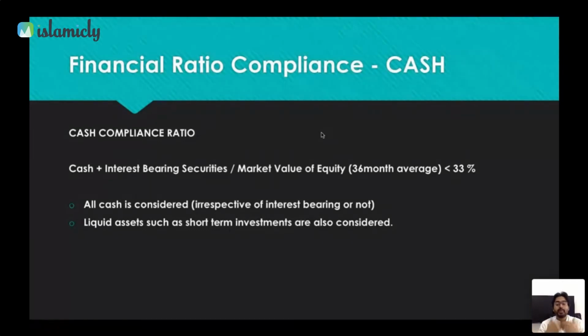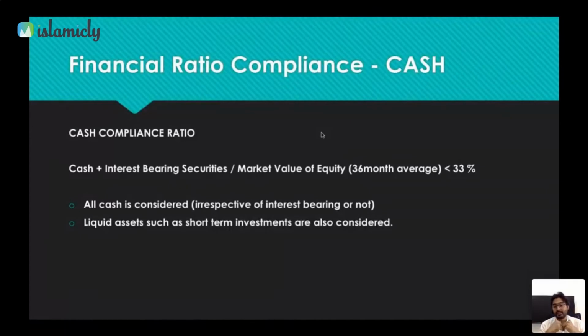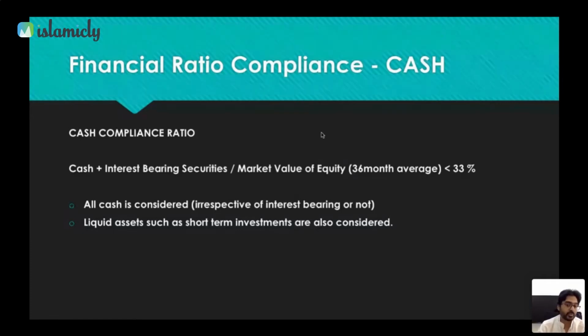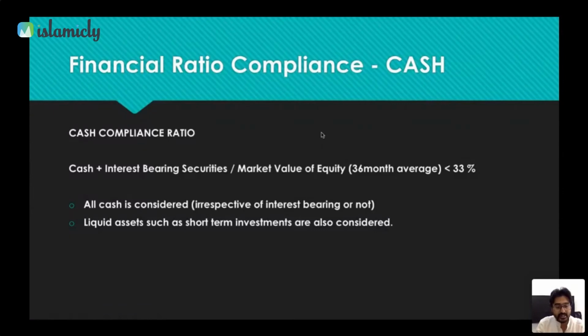Why are they keeping cash in a non-operating activity? That is, not investing that cash back into the company's disclosed operating activities. But yes, as part of cash management principles, contingency policies, and good, prudent financial management practices, companies should maintain some cash. In light of that, 33% is allowed.